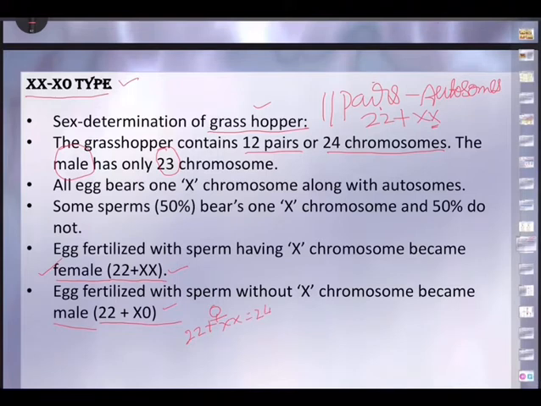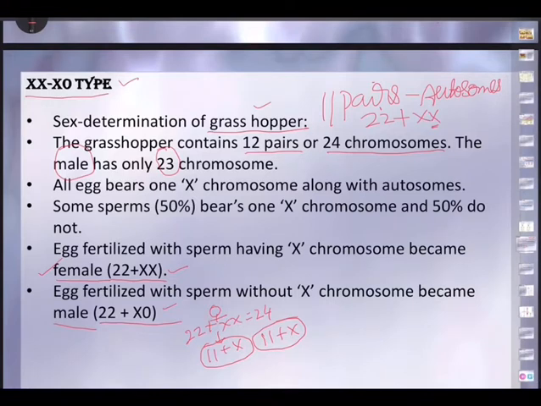How does this happen? Let's take now the case of a female. We said in the case of a female, 22 plus XX, right? So totaling 24. When this undergoes oogenesis, gamete formation, out of 22, 50%, so 11, and out of the 2 X chromosomes, 1 will be here.